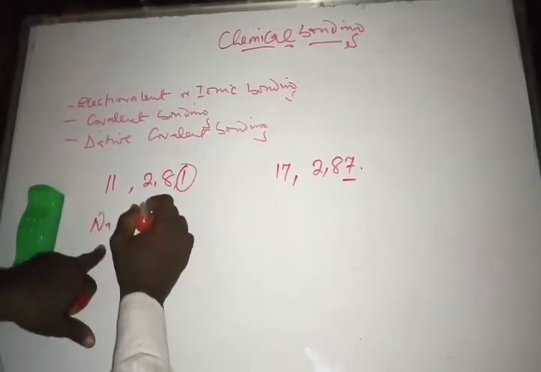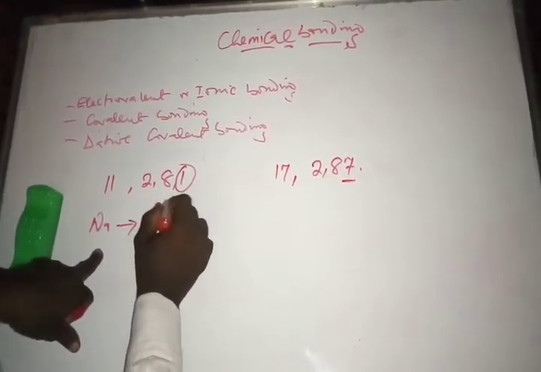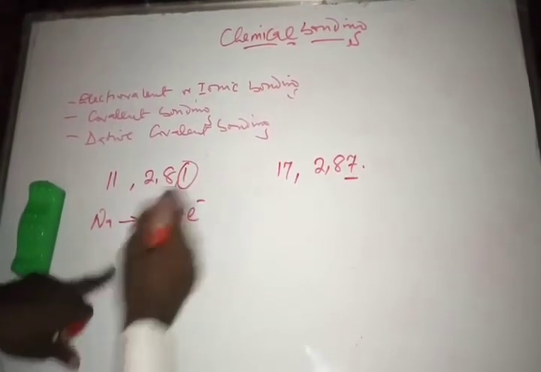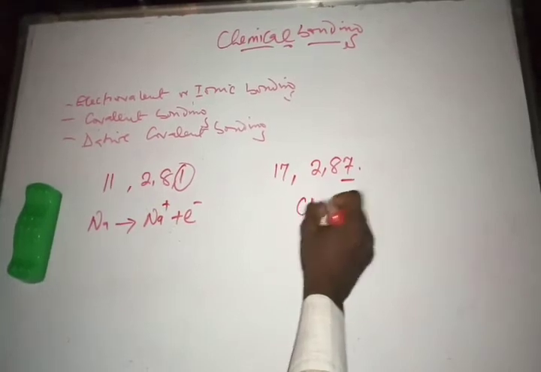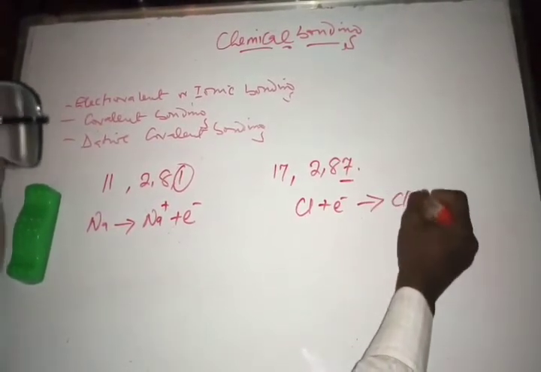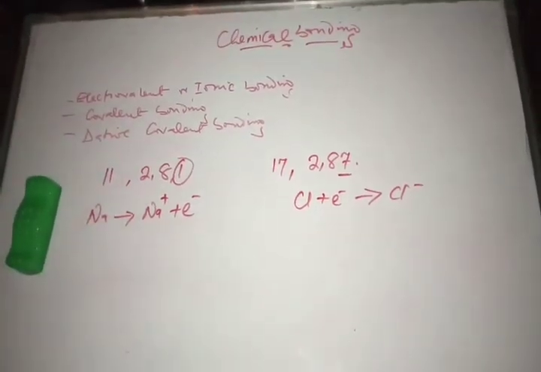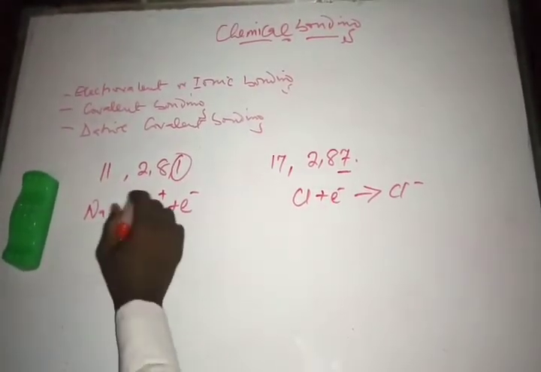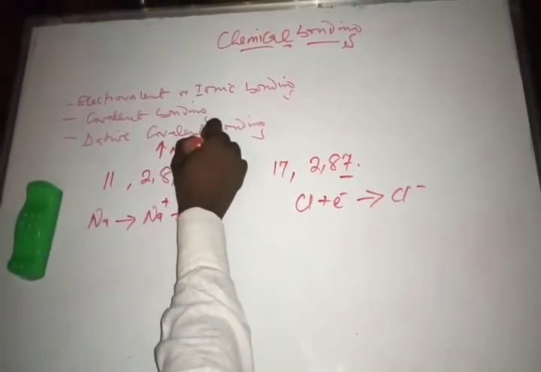Therefore, by the time a sodium loses an electron, it becomes a sodium ion. And by the time a chlorine gains an electron, it becomes a chloride ion. Now let us see what happens. The moment sodium loses that electron, a neon configuration is attained.